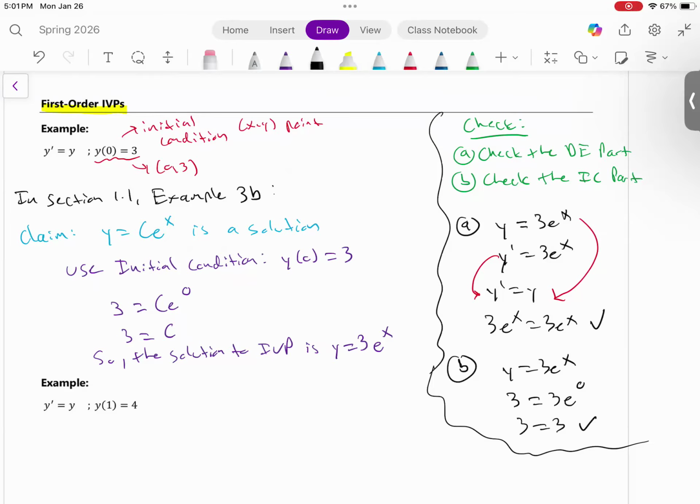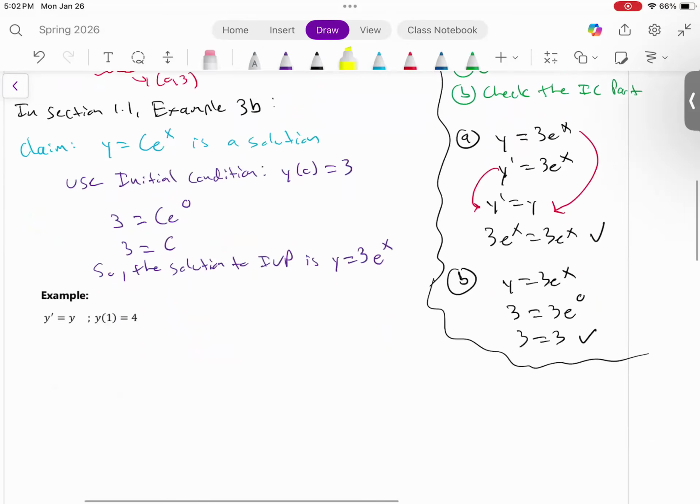So just to recap, from our previous work, we found that y equals c e to the x is a solution to this general differential equation. That's just what we're claiming, and if you could just trust me on that. Like I said before, later on we're going to learn various methods for solving one, but right now we're just using this previous knowledge.